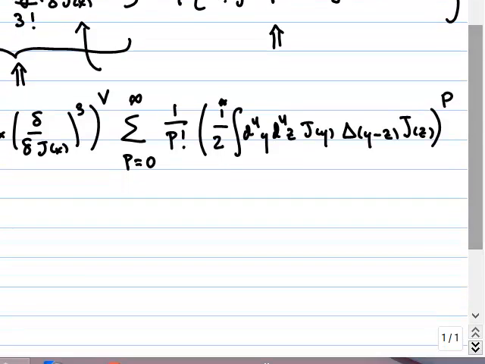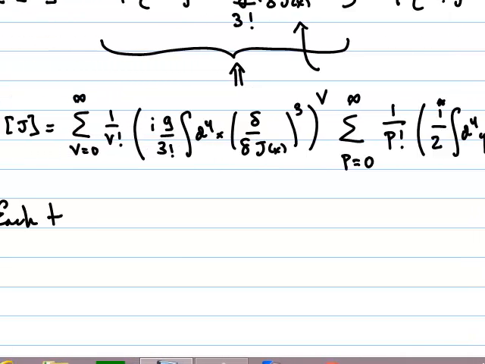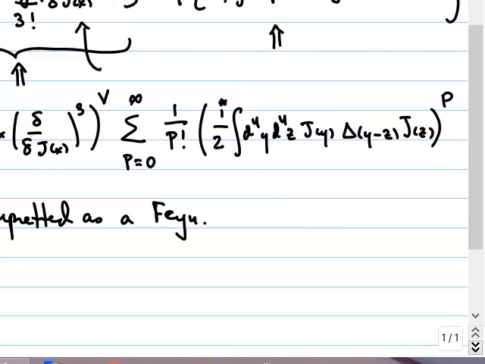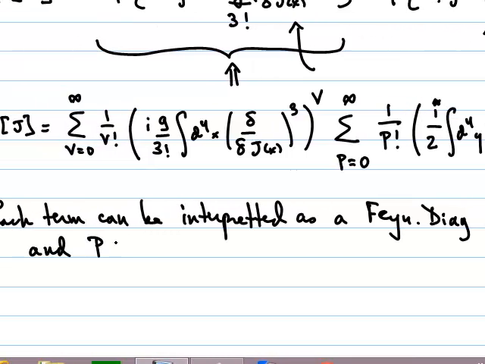And then the point is that each term in this sum can be interpreted as a Feynman diagram with v vertices and p lines connecting the vertices.